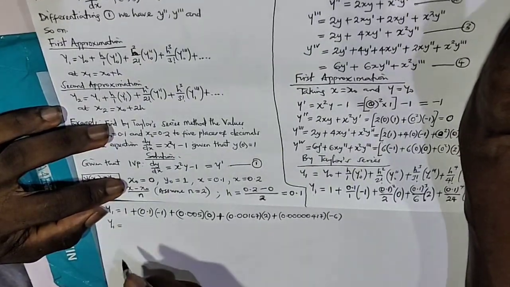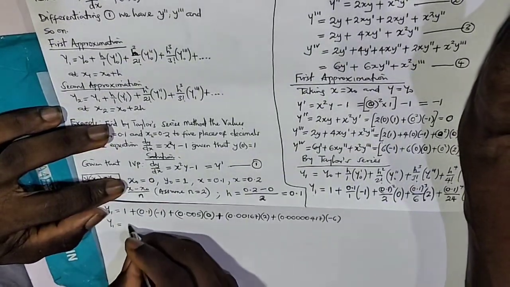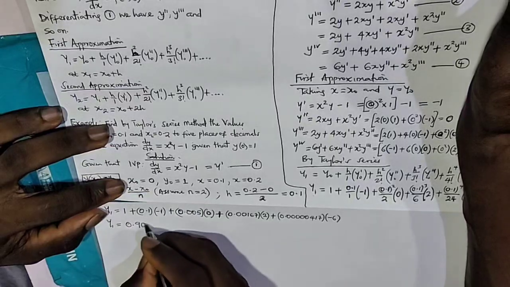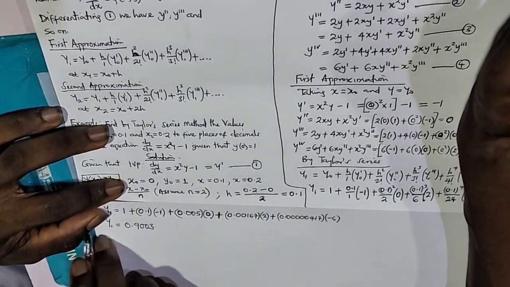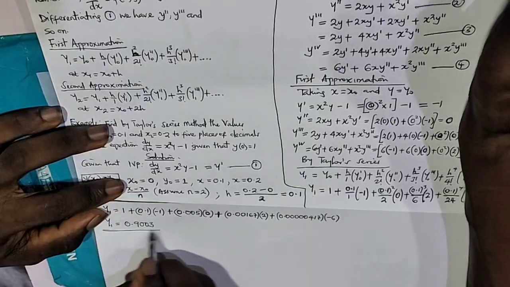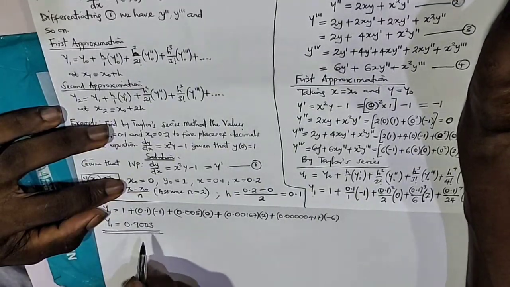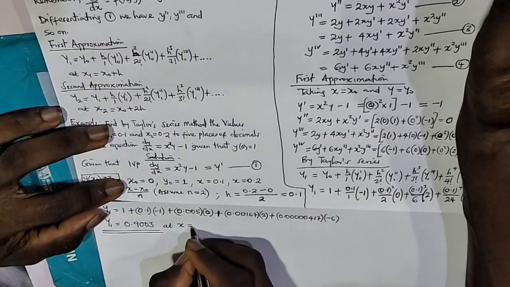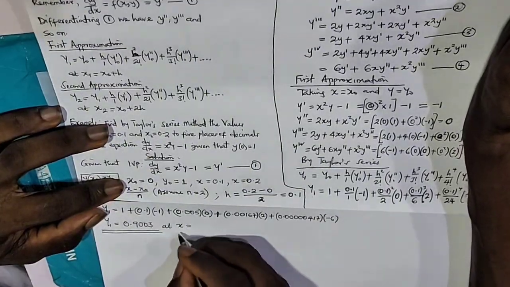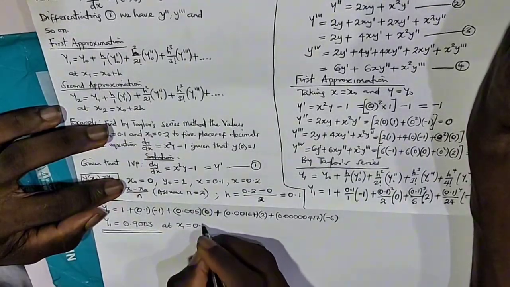After calculation, you should arrive at 0.9003. So y1 is equal to 0.9003 at x1 is equal to 0.1.